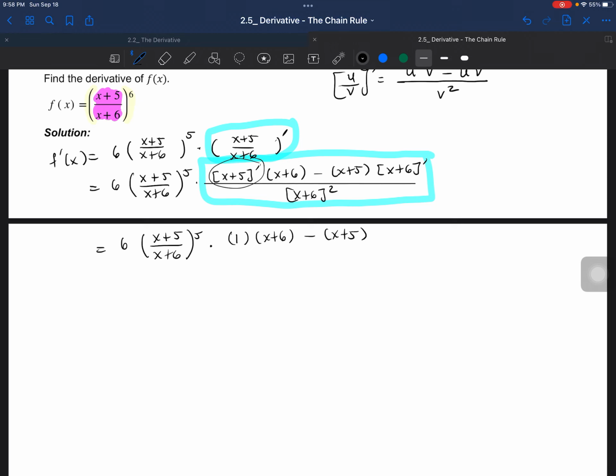The derivative of x plus 6: the derivative of x is 1, the derivative of 6 is 0, so you just have 1 plus 0, which is 1. And then x plus 6 squared. Then we can see that this is just 1, so we can combine and simplify this whole thing.